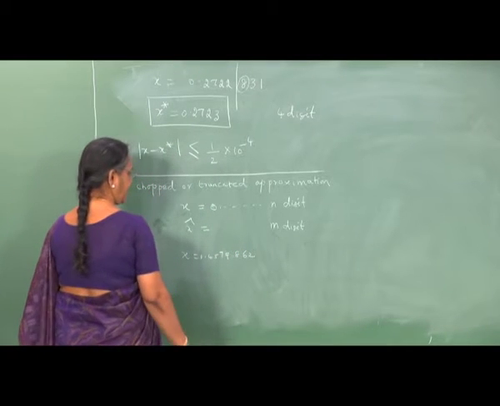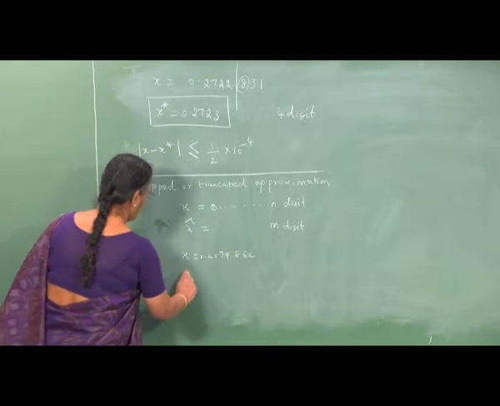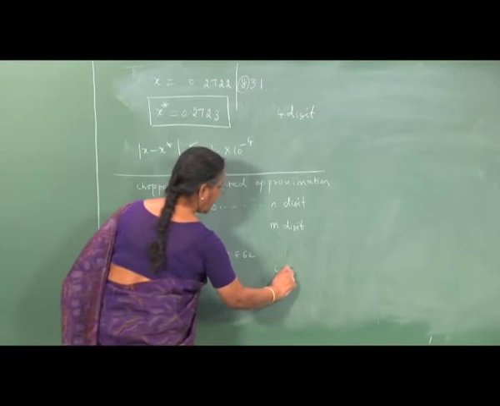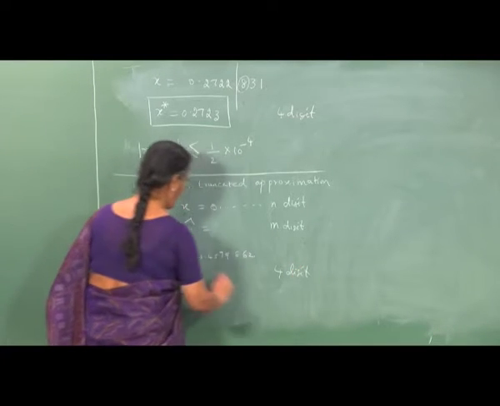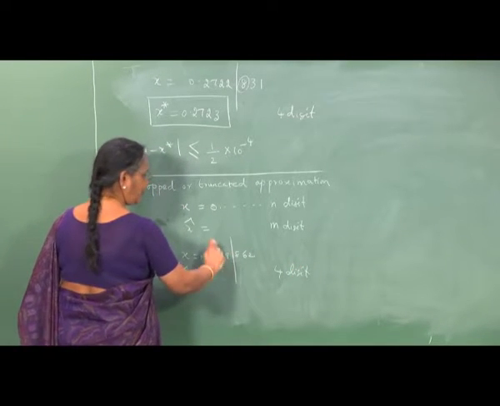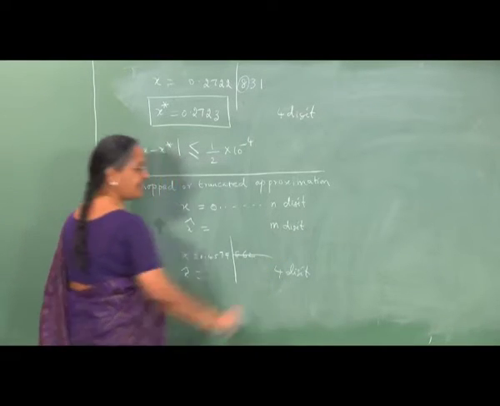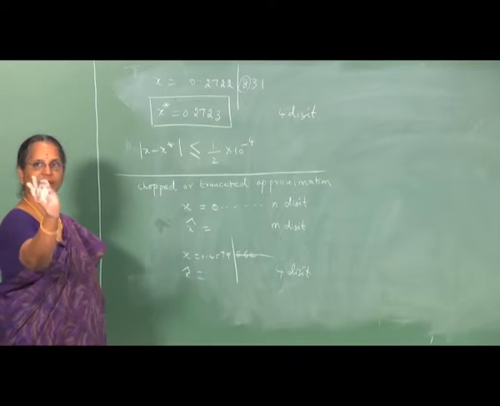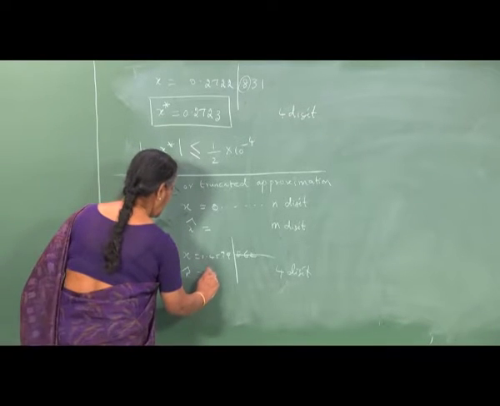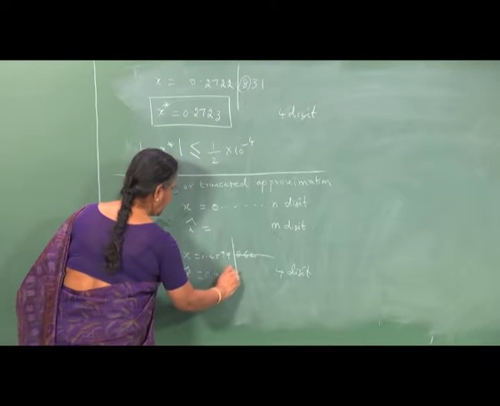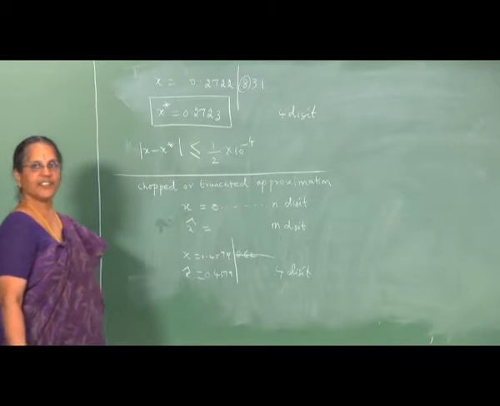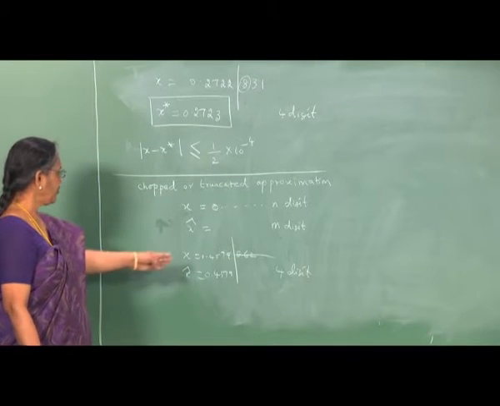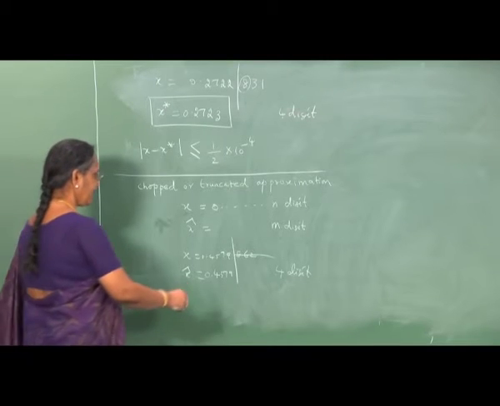So, if I consider, say, x equal to 0.4579862, this is x, and what is x hat if I require a 4 digit decimal representation? I do not worry about what digits appear beyond the 4th digit. I simply chop them off, discard them, and then write down the approximation as x hat equal to 0.4579.